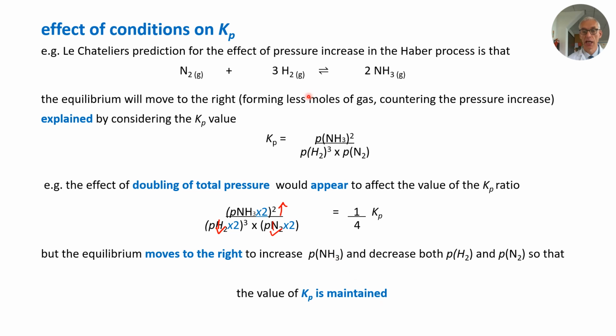It can do that by shifting from left to right, increasing the partial pressure of ammonia, decreasing for hydrogen and nitrogen, so thereby maintaining the value of Kp. And that explains the qualitative effects of Le Chatelier's prediction.